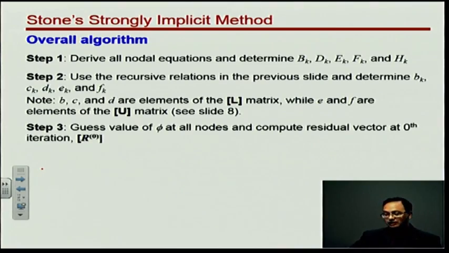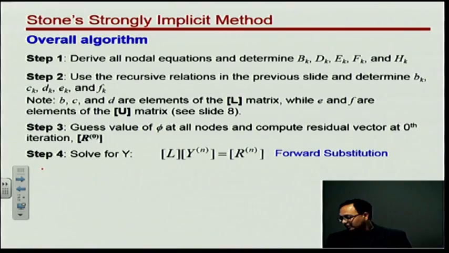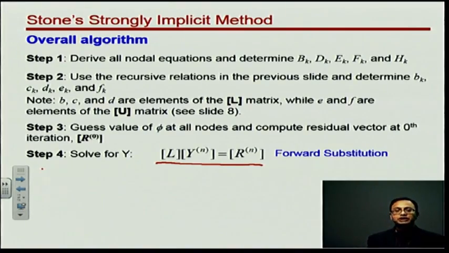We guess our value of phi and calculate the residual at all nodes, which is R superscript 0. Once we have R superscript 0, we solve for the vector y using L times y equal to R. When we start off, this will be R0, but for future iterations, that will get updated.